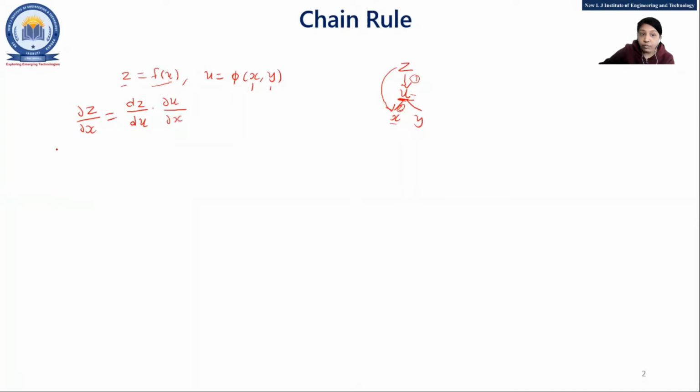Fine. So to find del z by del x, the equation used will be dz by du, which is an ordinary derivative, into del u by del x. Clear? Is there any doubt in this equation?